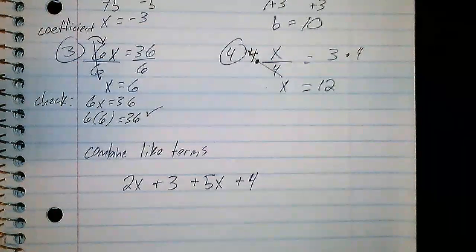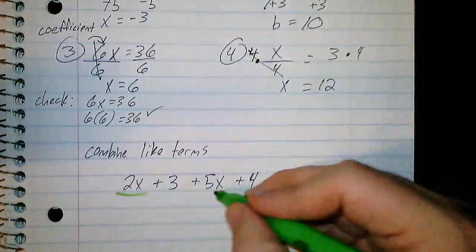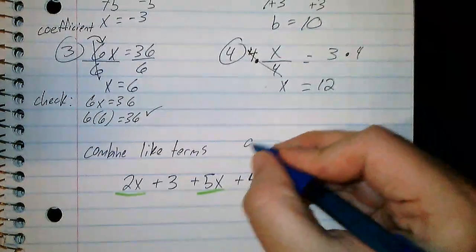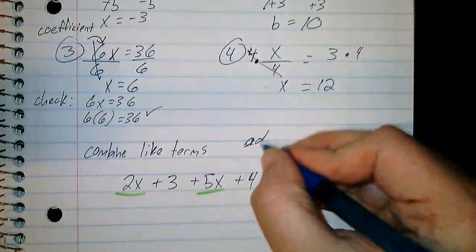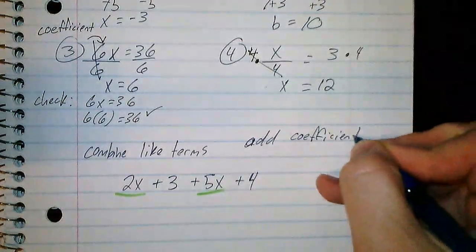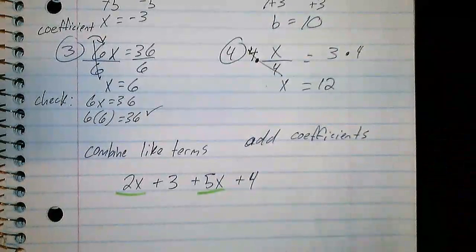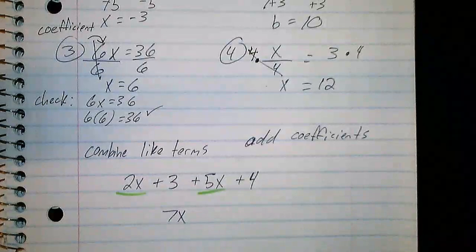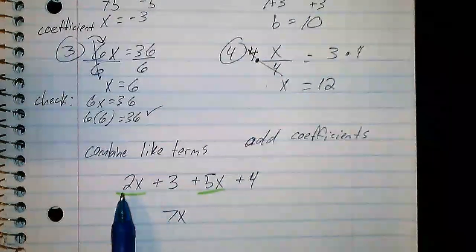To be like terms, you have to have the same variable. So 2x and 5x are like terms. And we add the coefficients. So 2x plus 5x is 7x. The x just stays an x. We just add the coefficients.